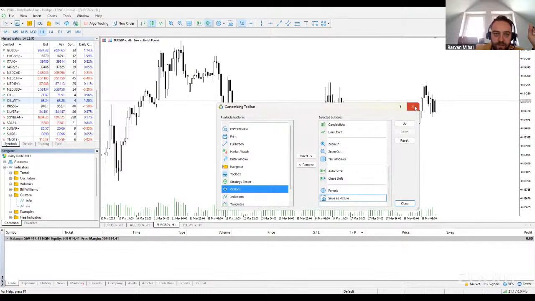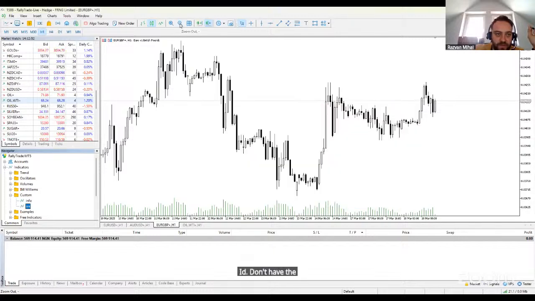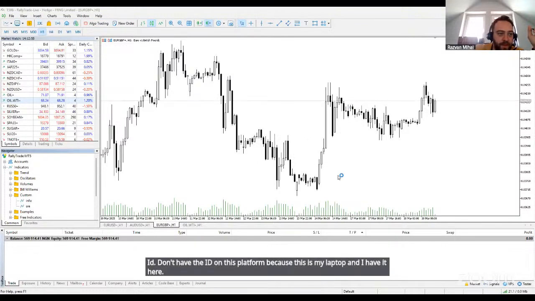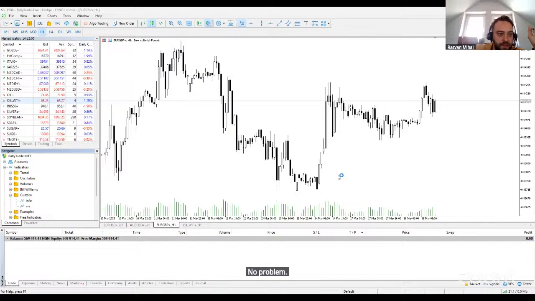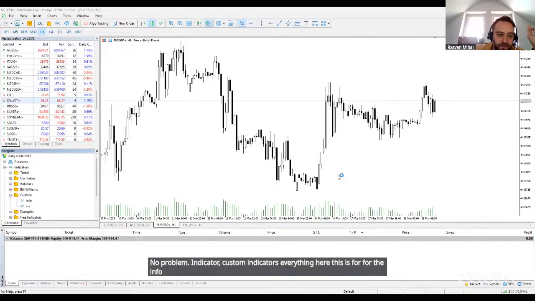I don't have the ID on this platform because this is my laptop and I have it here. No problem. Indicators, custom indicators. Everything here is written by me, and same for this one.